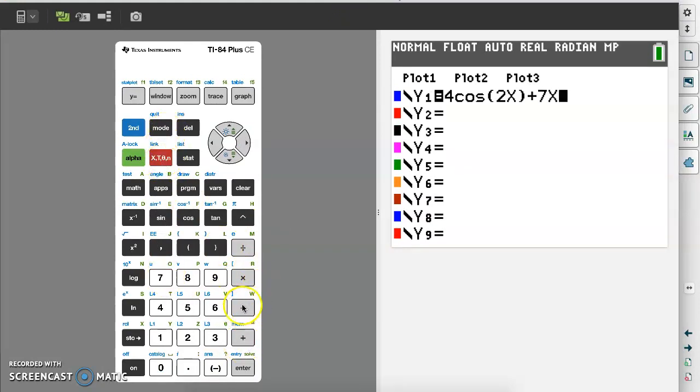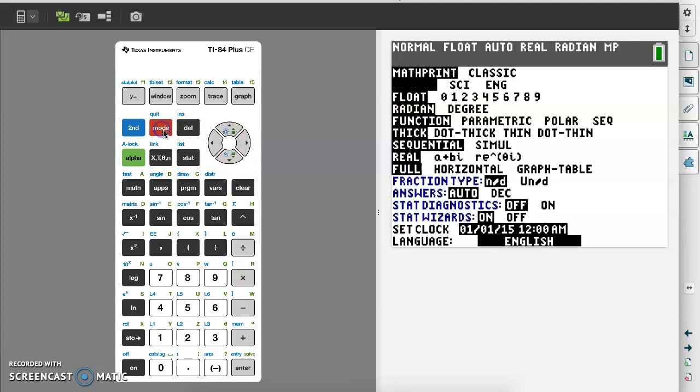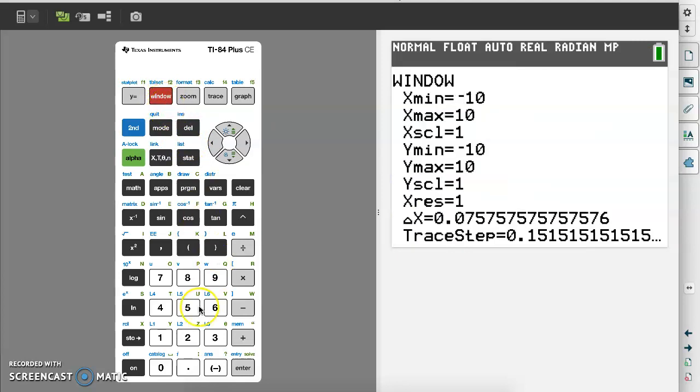Even though there weren't parentheses in the given problem, you have to assume that they are around the 2x. We're going to check our mode, make sure it's in radians, and it is. And then I want to fix my window to make sure it goes -2 pi to 2 pi. The rest are fine. We're going to graph it.